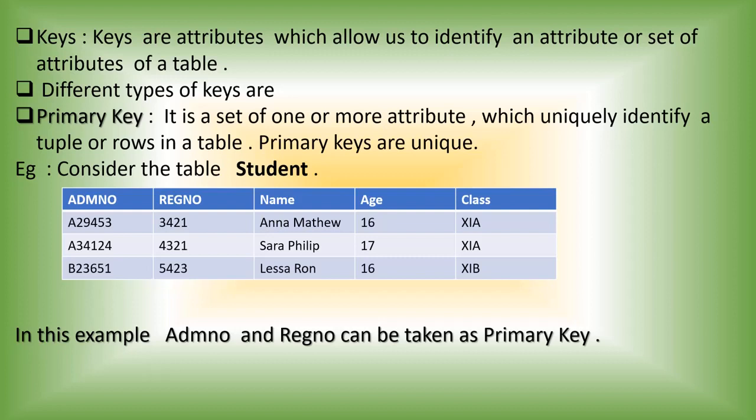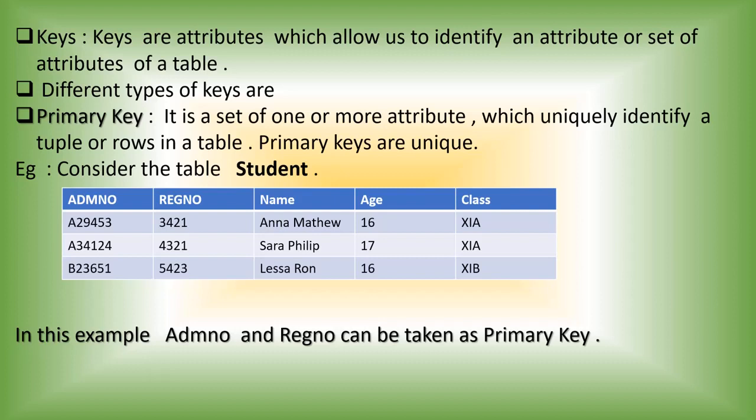Whichever attribute uniquely identifies the tuples of a relation, that particular attribute value will not be repeated within that table. The same register number will not be repeated inside the table.